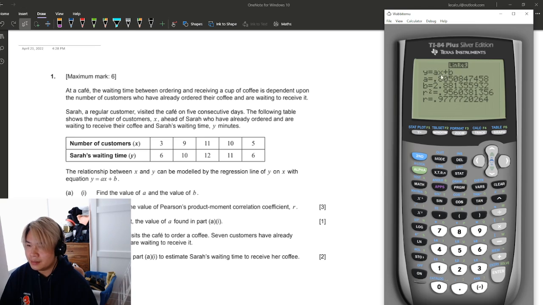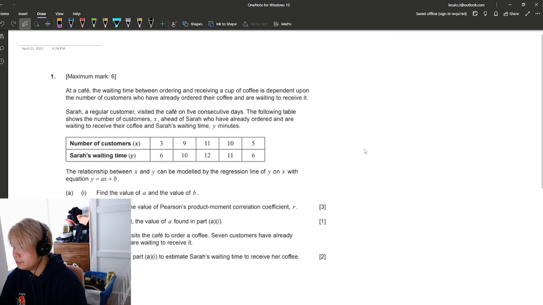And here we go. Here's my A, B, and also my Pearson's correlation coefficient. So write down the value of A. A is 0.805. B is 2.88.